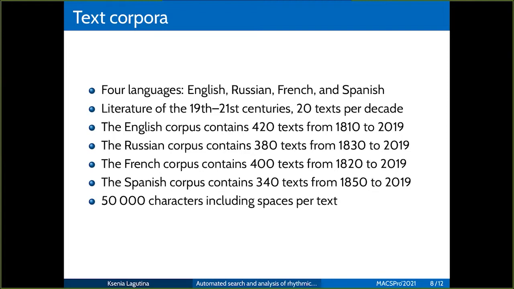From each text we extract fragments of the same size of about 50,000 characters, including spaces, letters, punctuation marks, and so on.